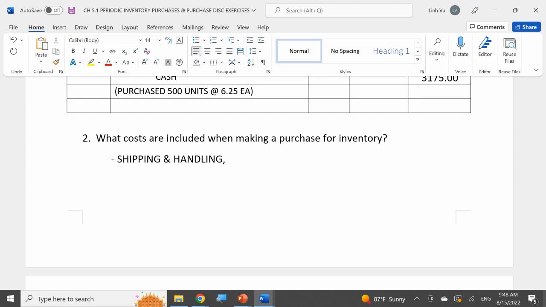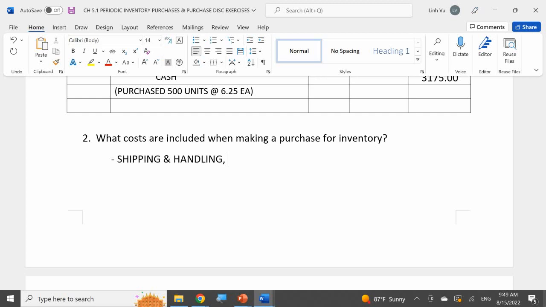What else? Now discounts. Discounts are going to be considered conditional. So it's not always going to be included in the actual cost of inventory unless you meet the condition.